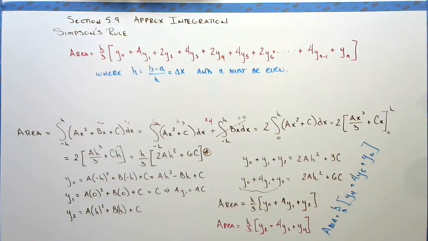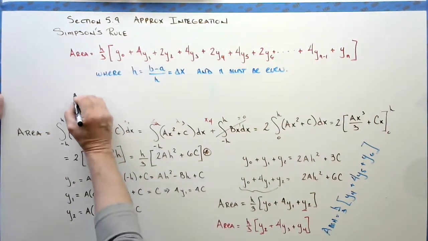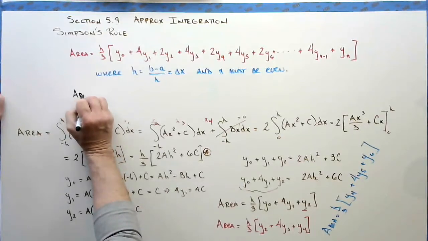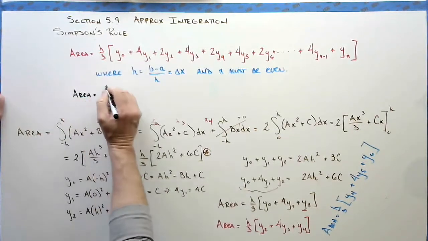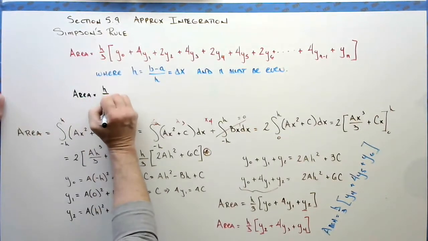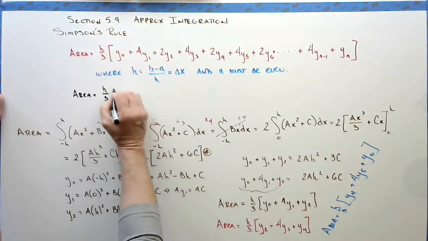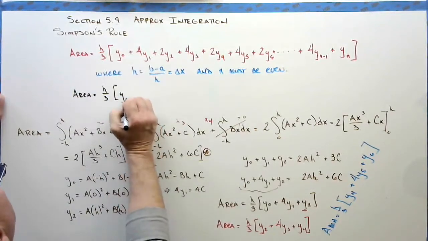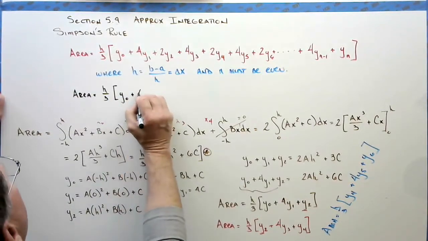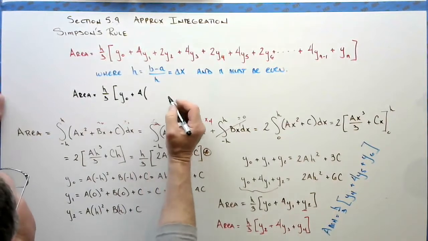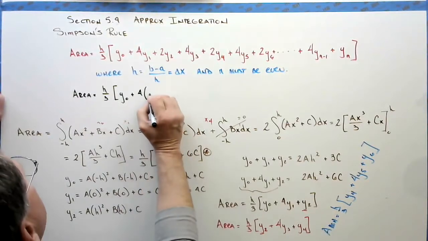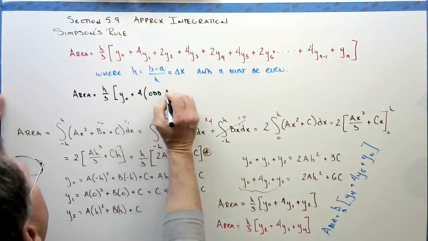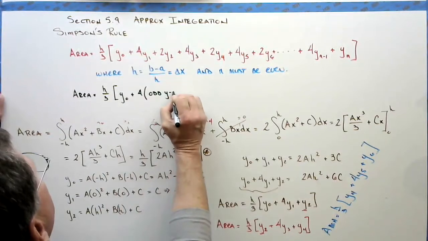Now, if you prefer, and it's not required, another way you can think about this is the area is equal to h over 3 or delta x over 3, whatever you want to call it, times y sub 0 plus 4 times, and then you put your odd y values here.